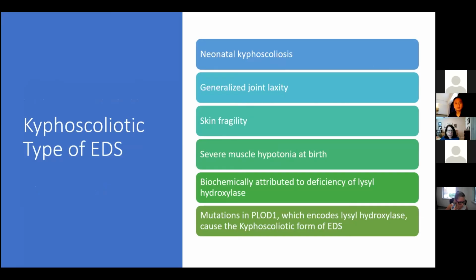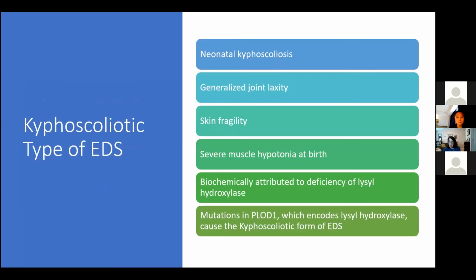The kyphoscoliotic type of Ehlers-Danlos syndrome presents with neonatal kyphoscoliosis, generalized joint laxity, which can be really quite extreme, skin fragility, severe muscle hypotonia at birth.